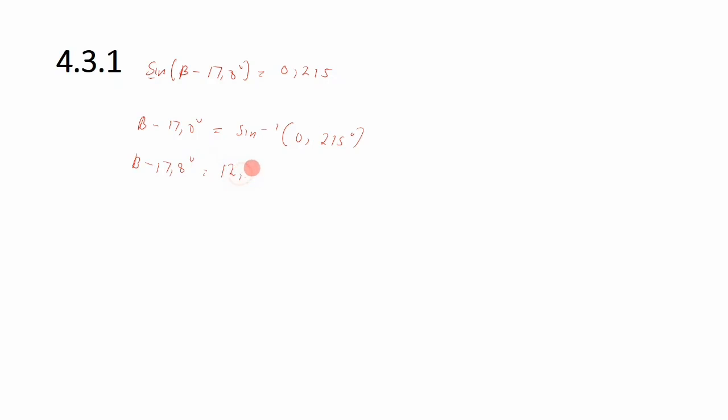So you punch all that in your calculator, that's 12.42 degrees. Then what are you supposed to do? Take this one, transpose it to the other side. So your beta is equal to 12.42 degrees plus 17.8 degrees. Then your beta is equal to 30.22 degrees, right?